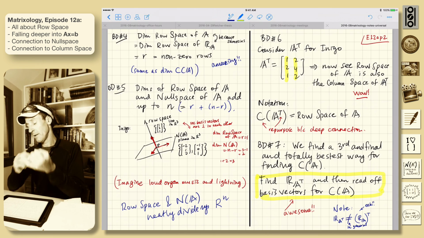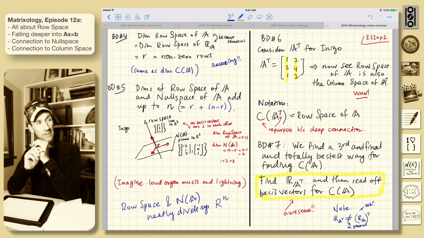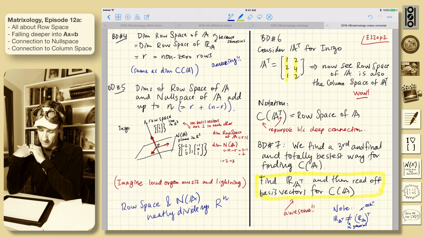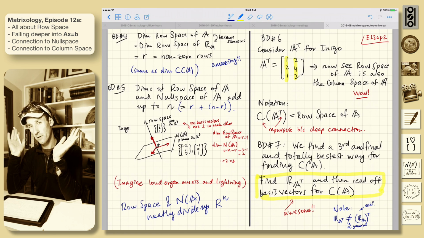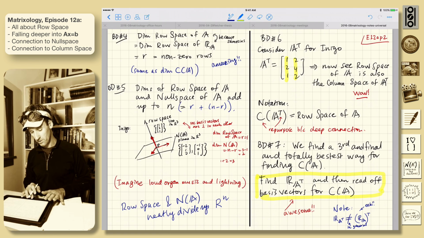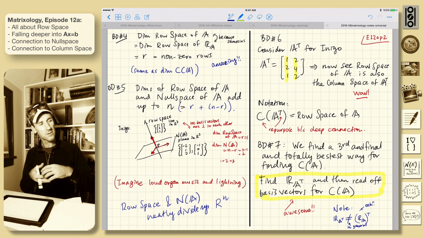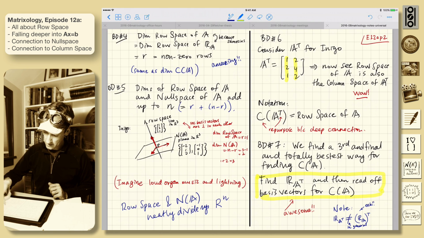We have the dimension is r for row space. It's the number of non-zero rows, which is equal to the number of pivots, which is our definition of rank. Totally amazing. And then we have that the dimensions of row space and null space add together. Because they're also at right angles, it looks like they're going to neatly divide up the space.